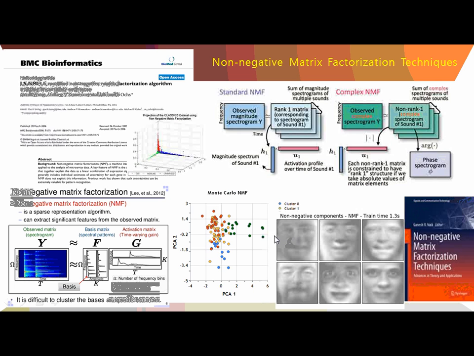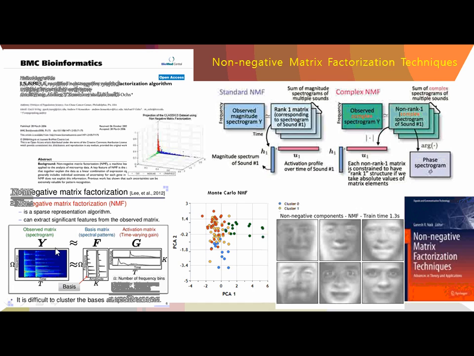As you see here, this non-negative matrix factorization technique can be widely used, and that's why a lot of research has been done on it recently. The BioMed Central journals on bioinformatics are introducing non-negative matrix factorization and its usage. It is used in many other ways, and the Monte Carlo method was adopted here, so that after the iterations you will see how it approaches a clearer image for image recognition.